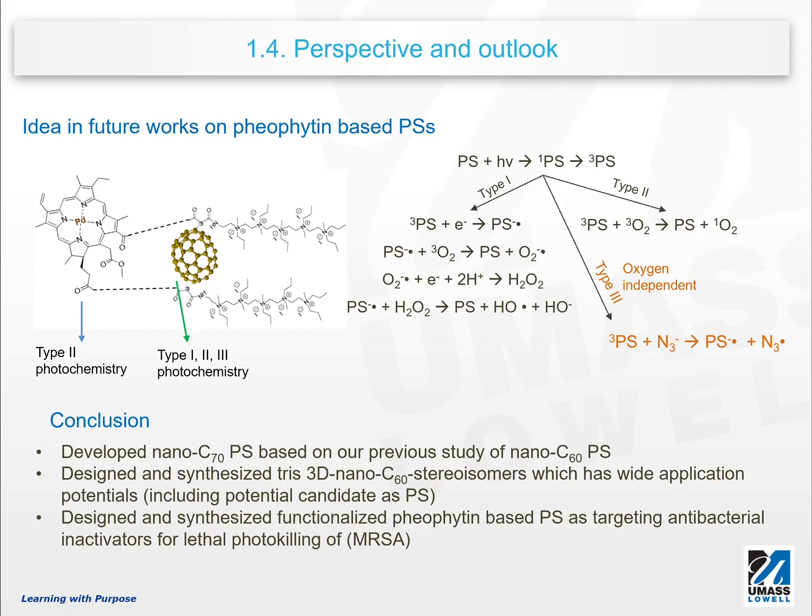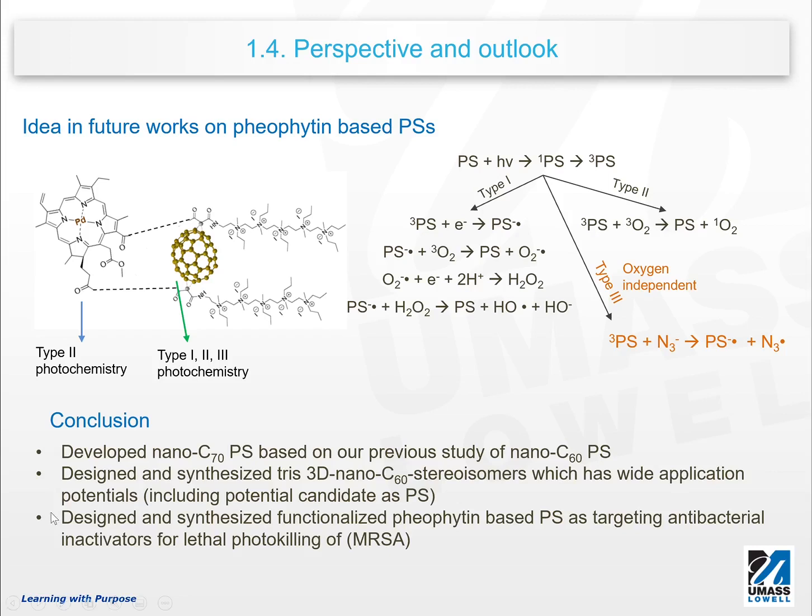So in conclusion, in chapter 1, we developed a nano C70 based photosensitizer based on our previous study on the nano C60 based photosensitizer, and we also designed and synthesized the tris-C60 DPAF stereoisomers, which may have other wide applications rather than being a candidate photosensitizer, such as photoswitchable dielectric amplification.